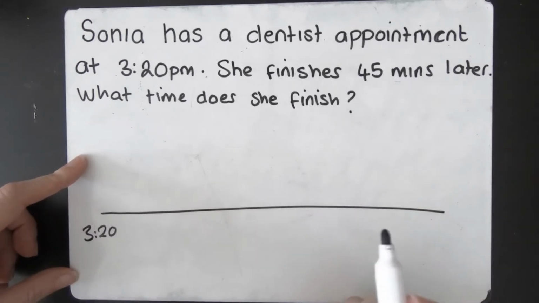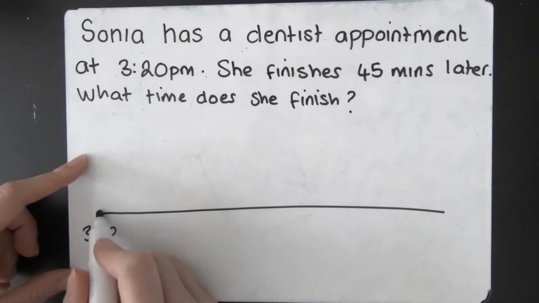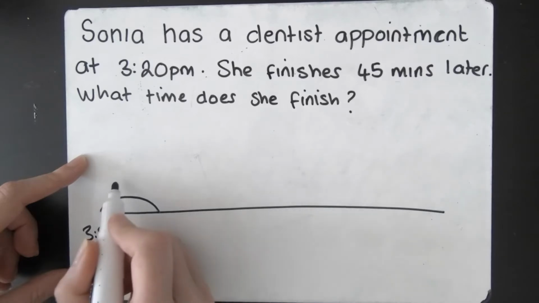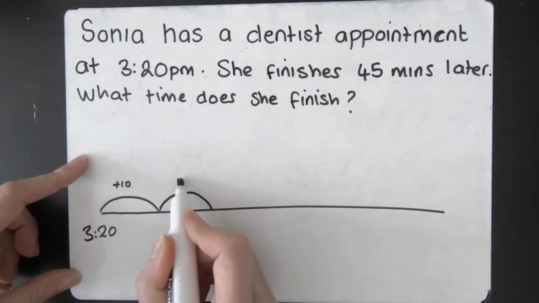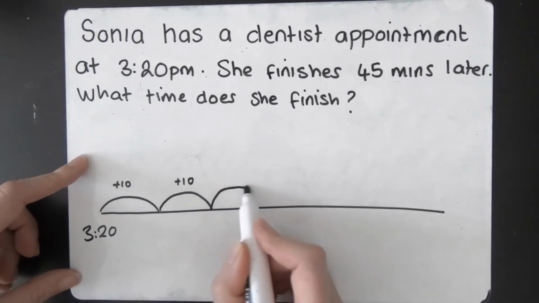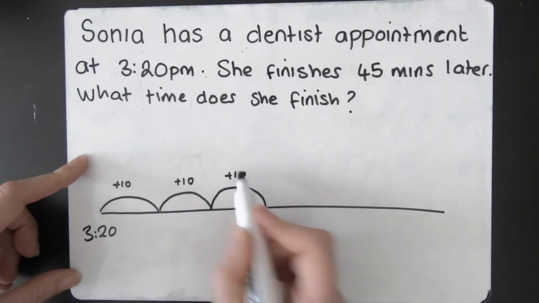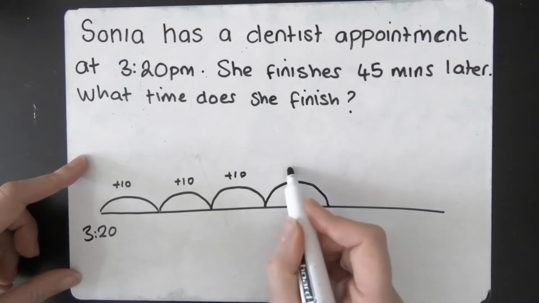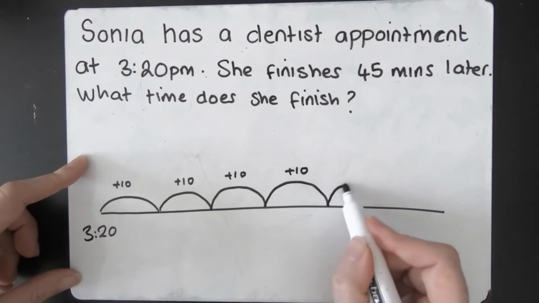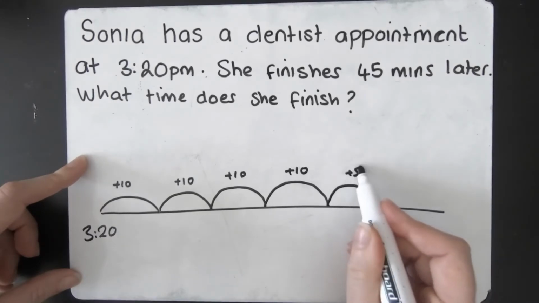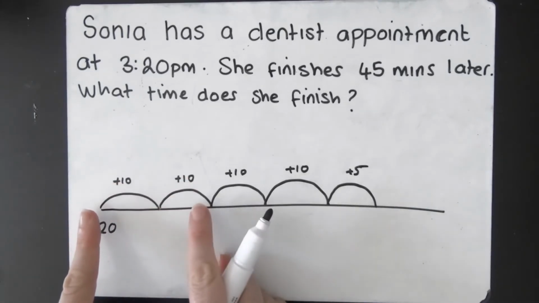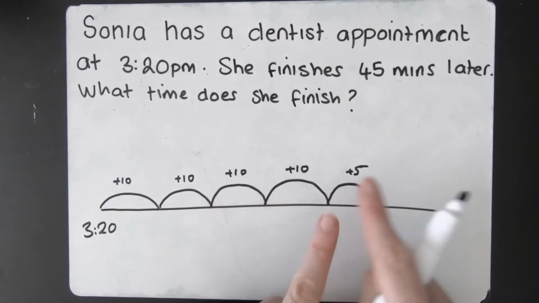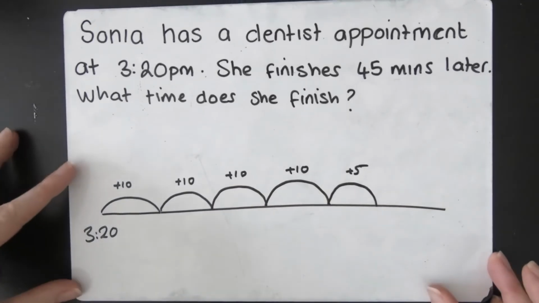We could do 45 minutes and we could break it into chunks. 10, 20, 30, 40, 45. So we could do it like that, or I could have done one big jump of 20 there, and one big jump of 20 there, and one jump of 5, whatever you feel comfortable with.